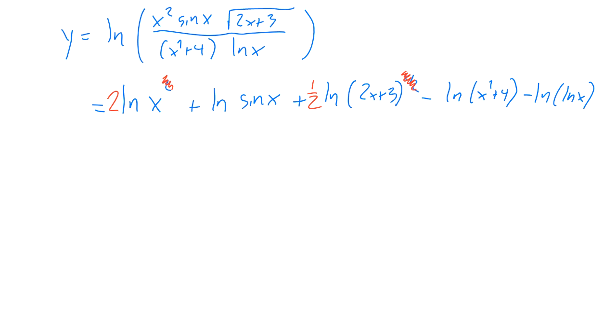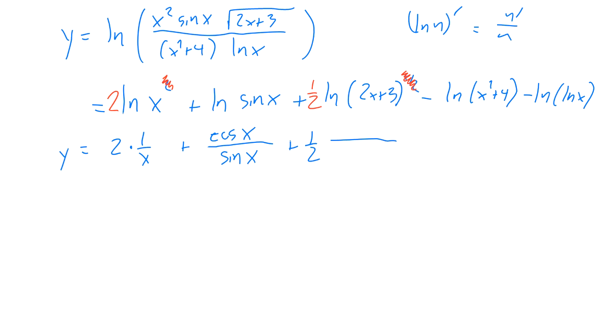And when we take derivatives, we're going to use the fact that the derivative of natural log of u is u prime over u. So in the first case, this will be 2 times 1 over x plus, we take the derivative of sine of x, the sine goes to the bottom, and its derivative, cosine x, goes on top.